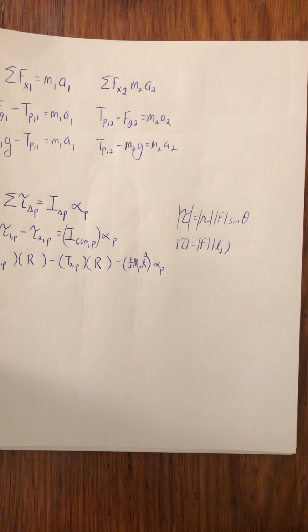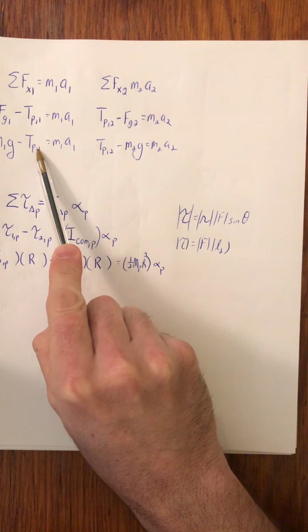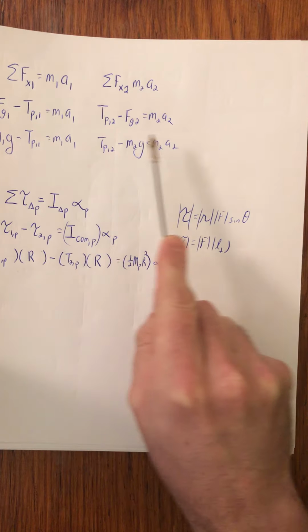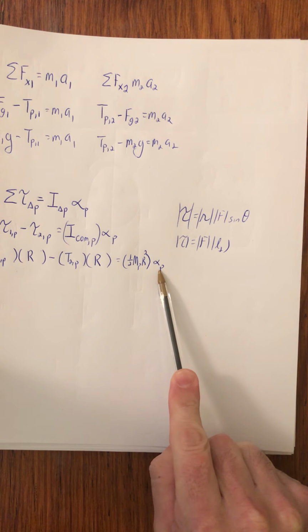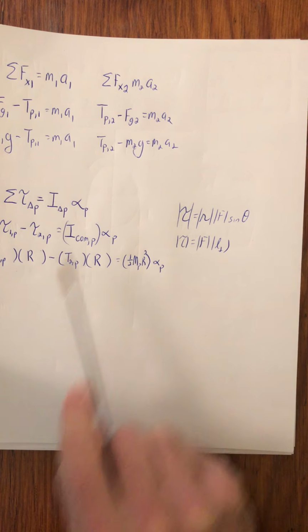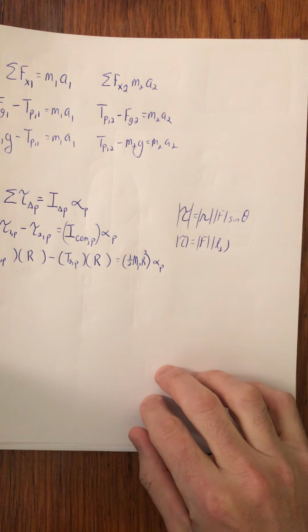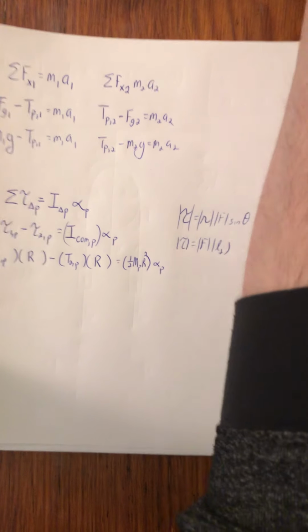Now, if we look at that, how many equations, how many unknowns? Well, 1 unknown, 2 unknowns, same 2 here, 3 unknowns, 4 unknowns, 5 unknowns. Damn it, 3 equations. I need to create another link in order to make this work. And here's where we go back to understanding something about alpha and the objects being rigid objects.